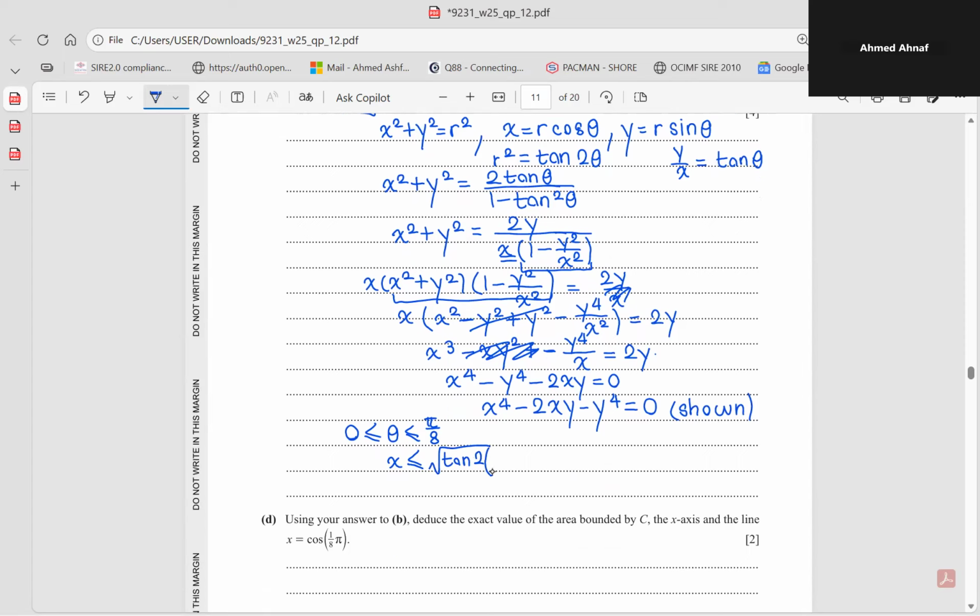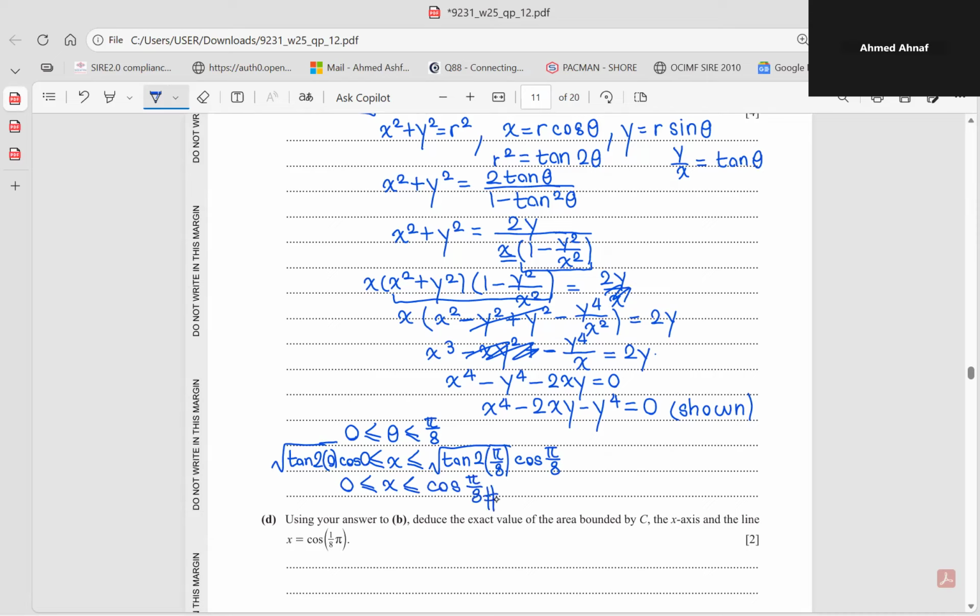So square root tangent 2 times pi over 8, times cosine pi over 8. And then you have square root tangent 2 times 0, times cosine 0. Tangent 2 times 0 is just 0, so this is just 0. And then for x, square root of tangent 2 times pi over 8 is 1, so it's just 1 times cosine of pi over 8.